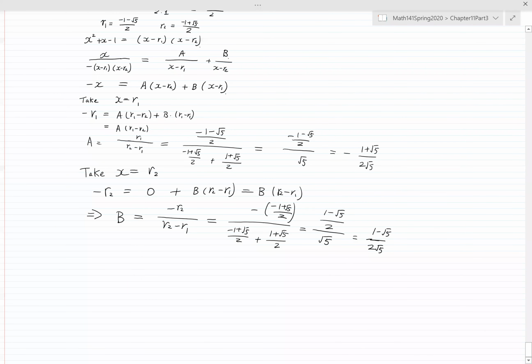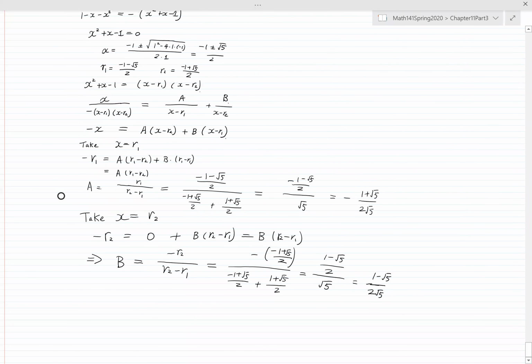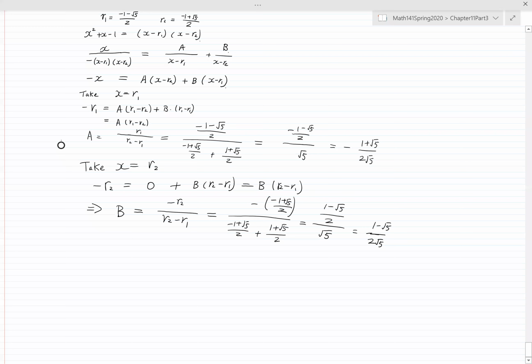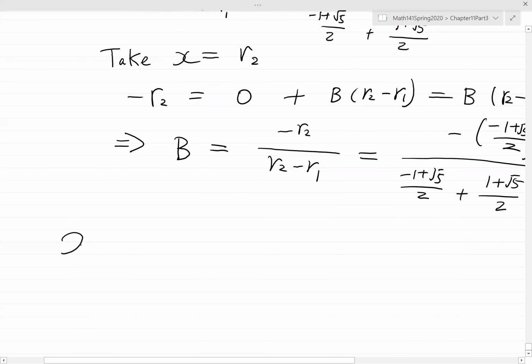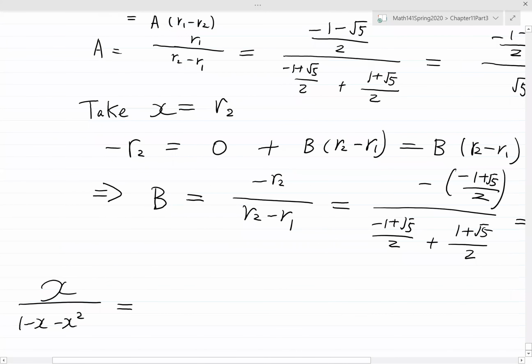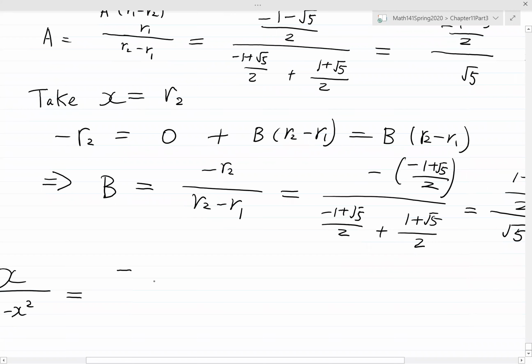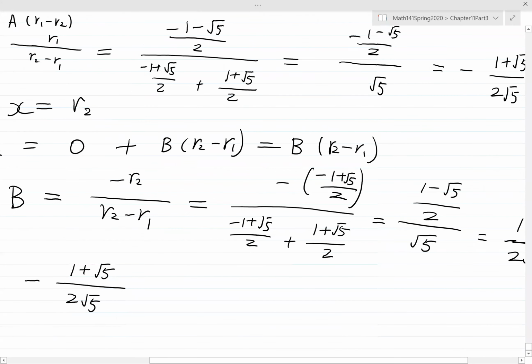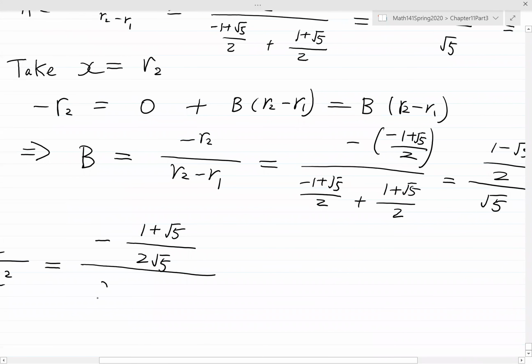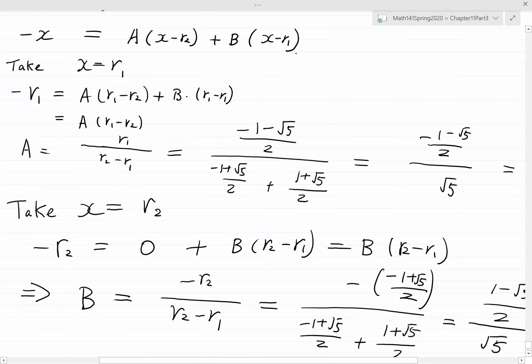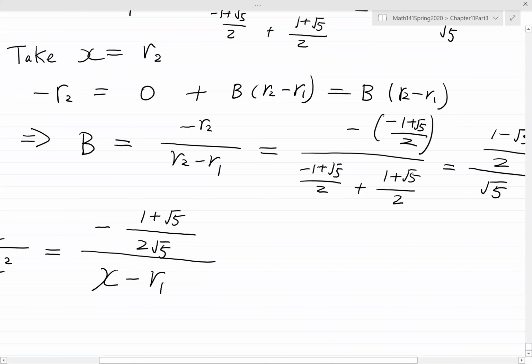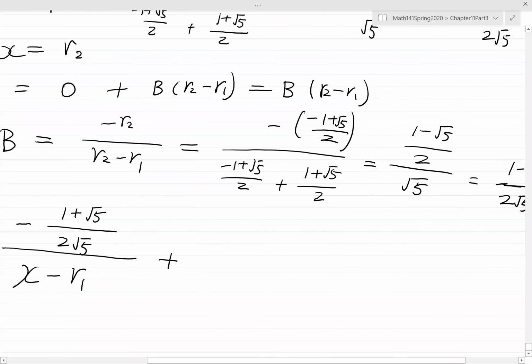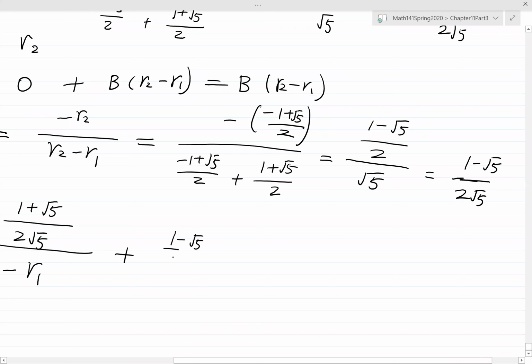Then we find the partial fraction will be: A over x minus r1, remember r1, plus b over x minus r2, where b is the thing, 1 minus root 5 over twice root 5.